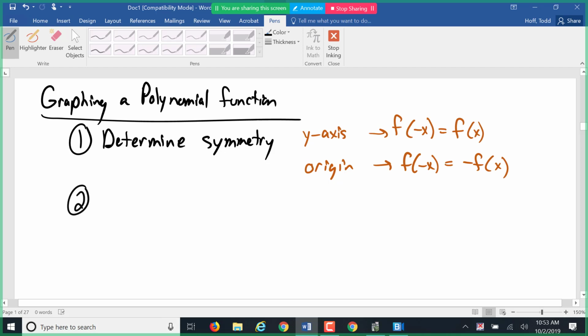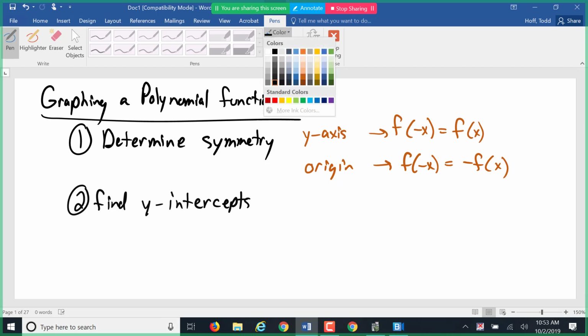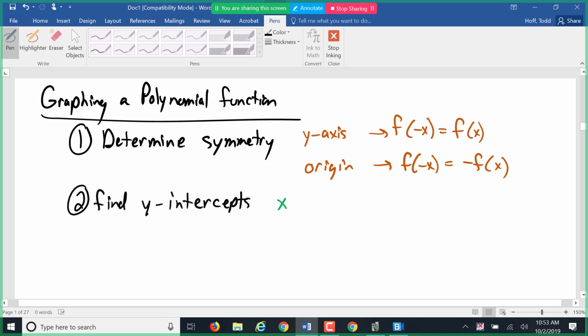Next, find any y-intercepts. Y-intercepts, remember, are found at x equals 0. So you're basically just finding f of 0. Should only be one y-intercept, by the way.